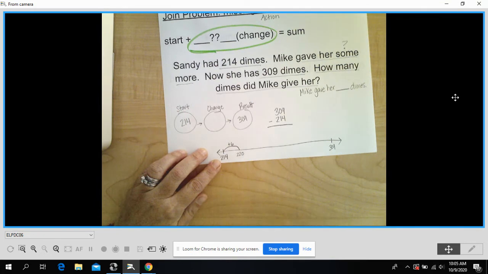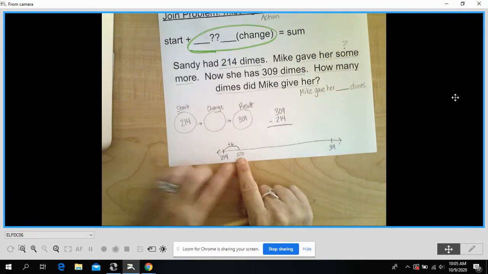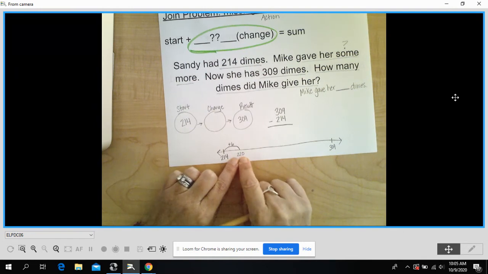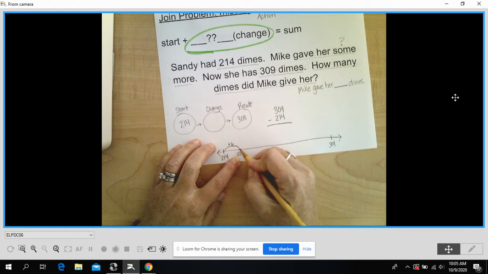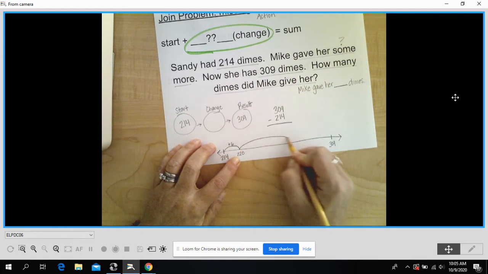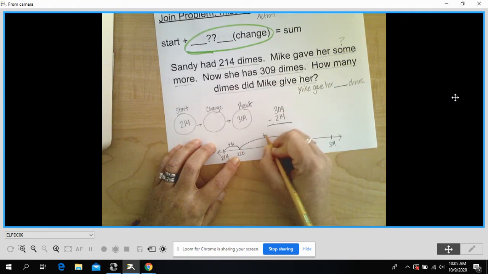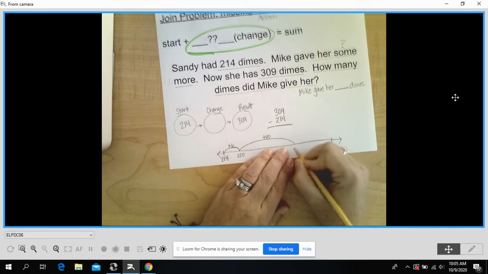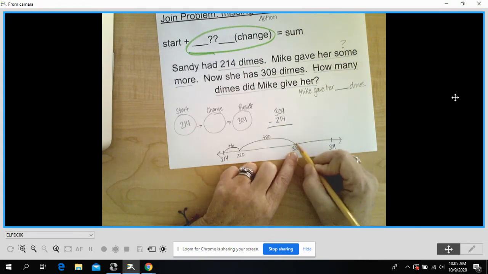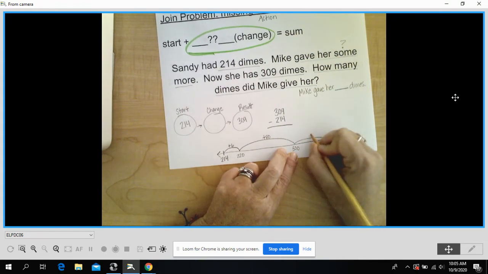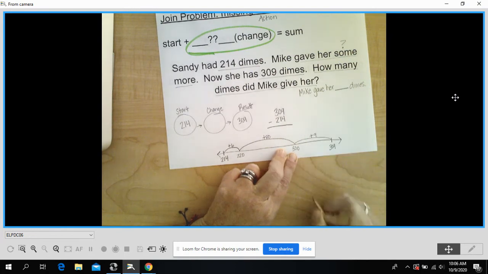I also know, using my math skills, that to get from 220 to 300 would be a plus what? Can you think of it? Plus 80 gets me to 300. Now, to get from 300 to 309 would be a plus 9.